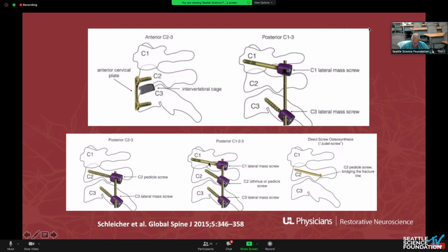And you can also put a screw in C1, C2, and C3. Finally, there is a subset of fractures that you can treat with a lag screw called a Judet screw. It's a lag screw that pulls the fragments together. Obviously, if you're going to do that, you have to have an intact disc and an intact ALL in order to use the lag screw technique.